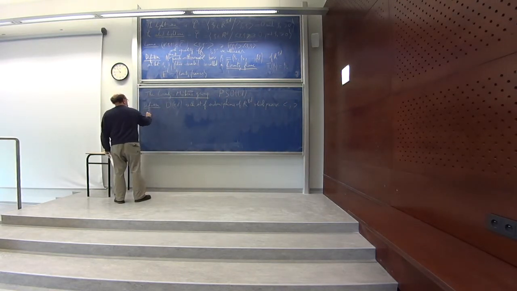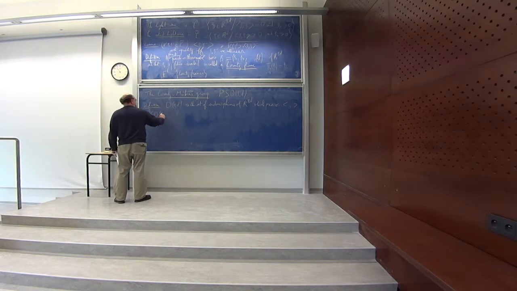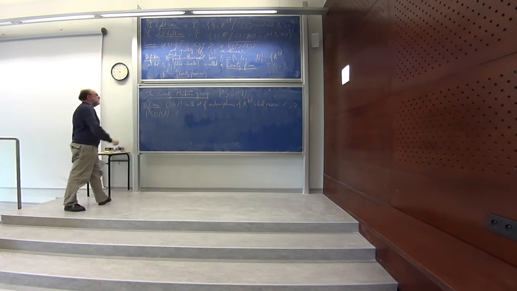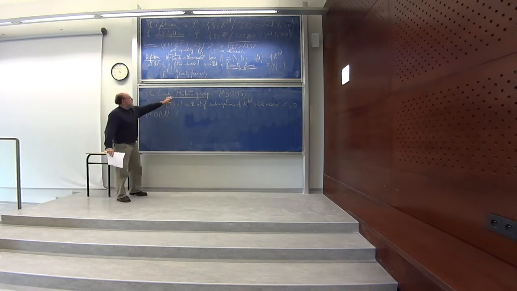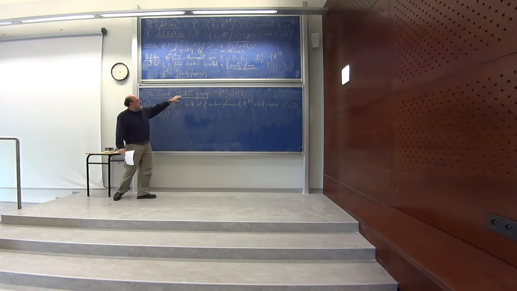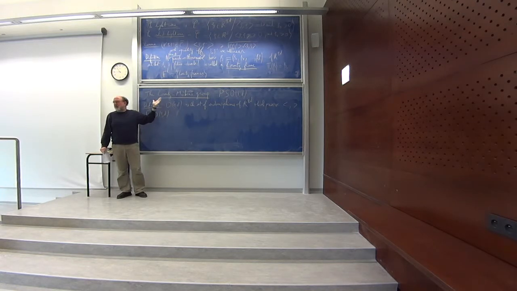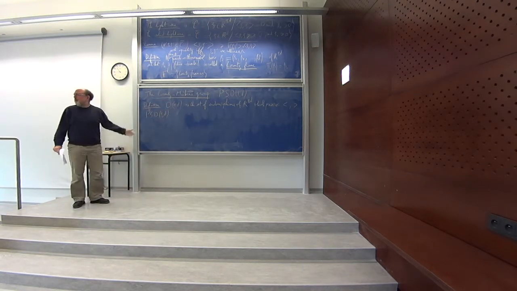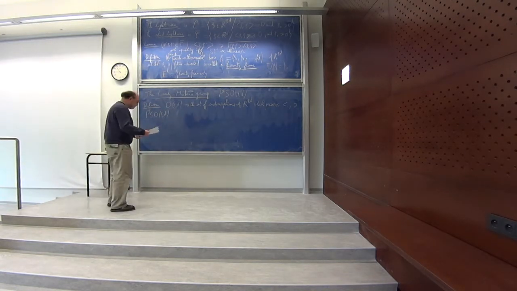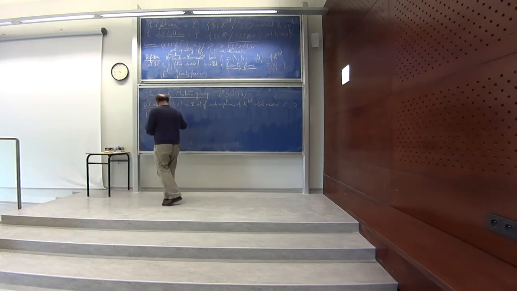And PSO(1,d), the Lorentz-Möbius group. I call it with these two names because often, usually in the literature, you find Lorentz group and Möbius group, and actually it is 2 times the same. So I choose this name.